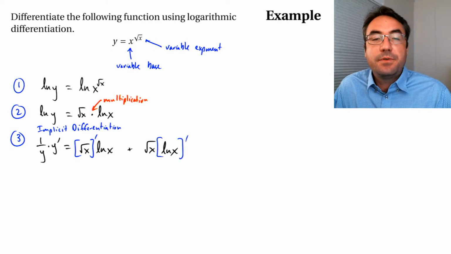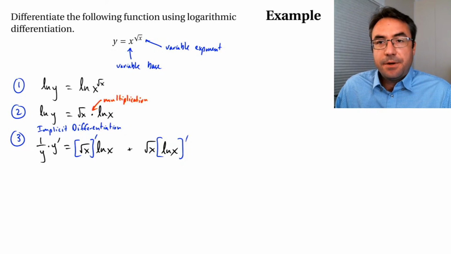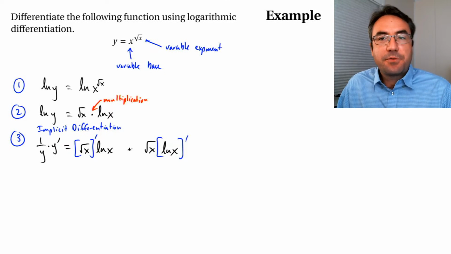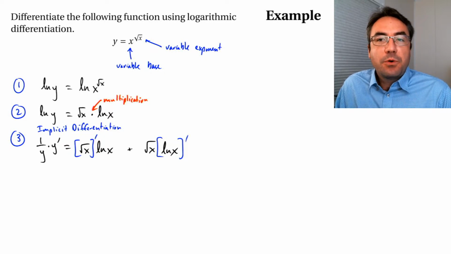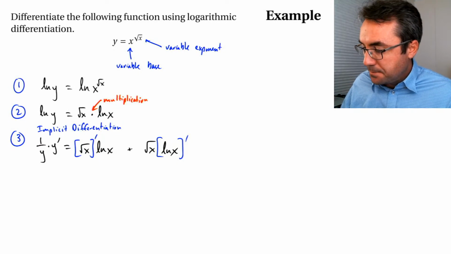So derivative of natural log x. All right, so there is our work for the differentiation. We still have a few more to do there, but those are just basic derivatives now. So we just keep going.